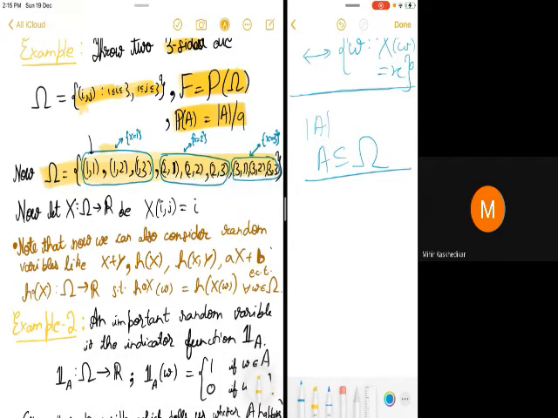Because X is 1 is the outcome of the first die, and similarly X is 2 is the outcome of the first die only, and X is 3 also represents this set. So is this clear?